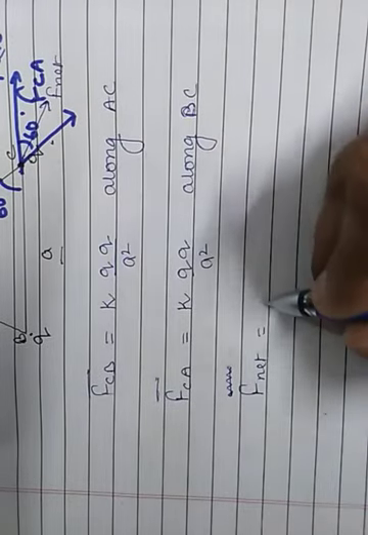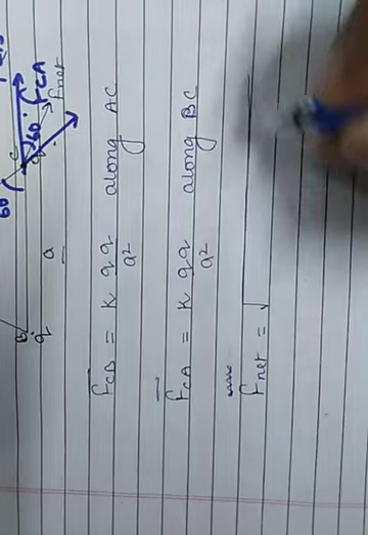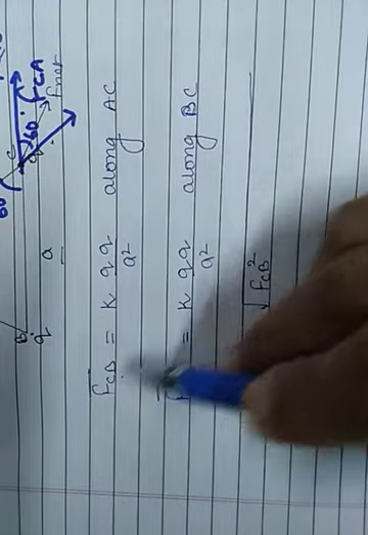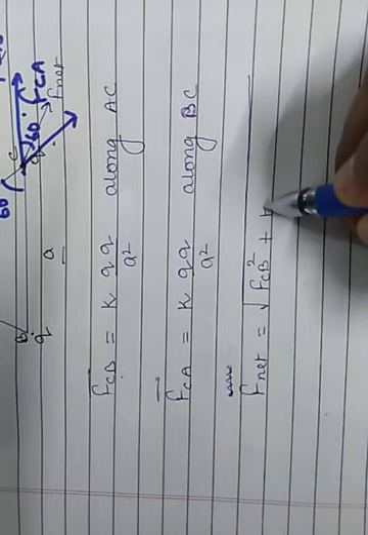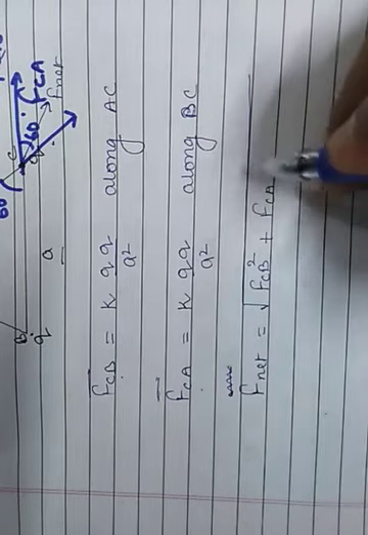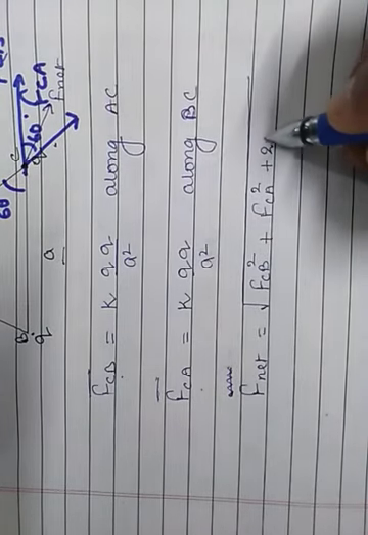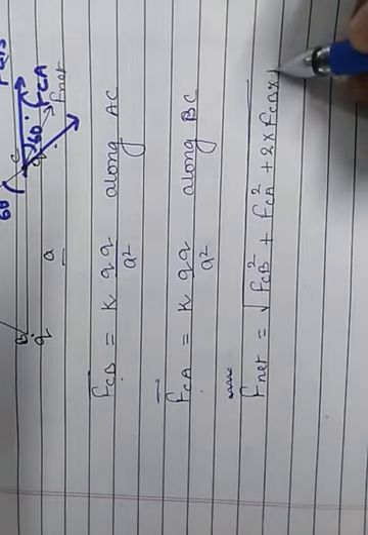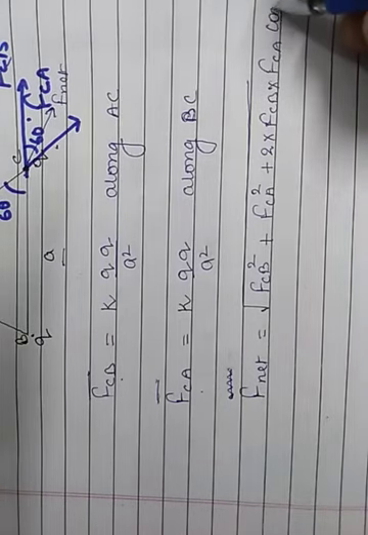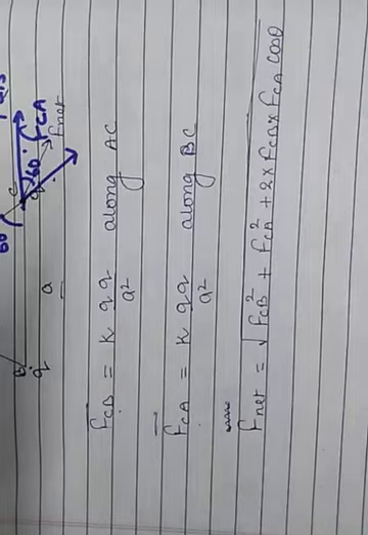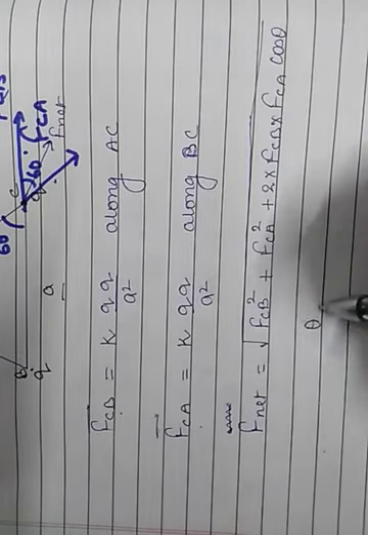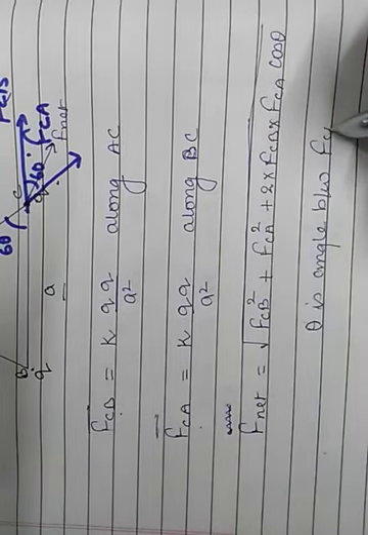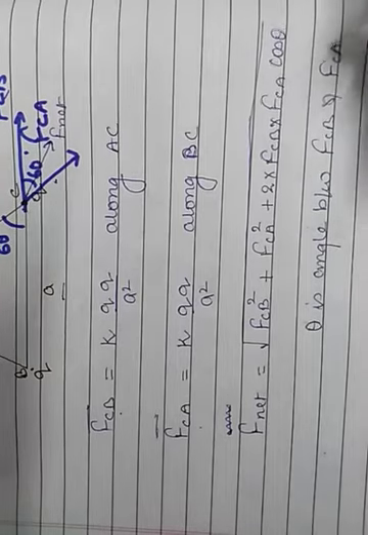So the magnitude of F net is equal to the square root of FCB square, the magnitude of this force squared, plus FCA square, plus 2 into the magnitude of this force into the magnitude of the other force, FCA, and cos theta, where theta is the angle between the two vectors, FCB and FCA.